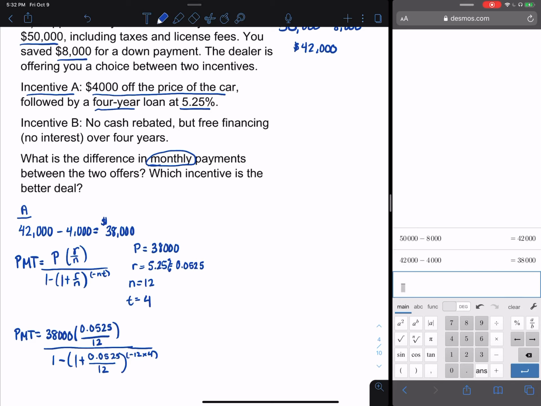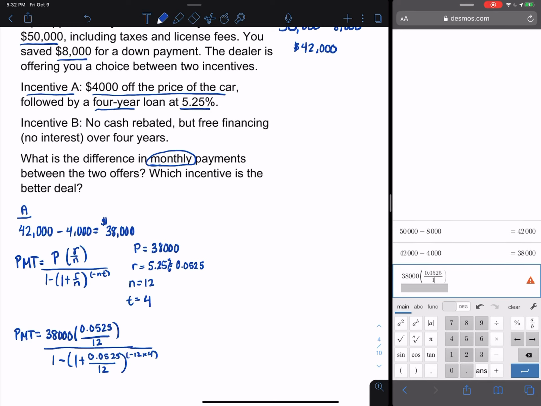I'm going to hit the fraction button. I have 38,000, parentheses, 0.0525 divided by 12. Hit the right arrow and close my parentheses.